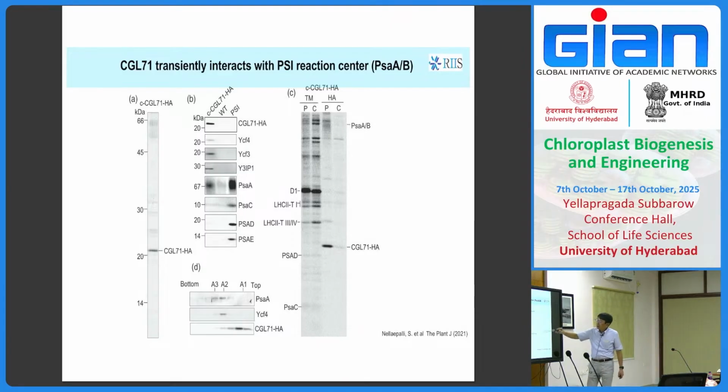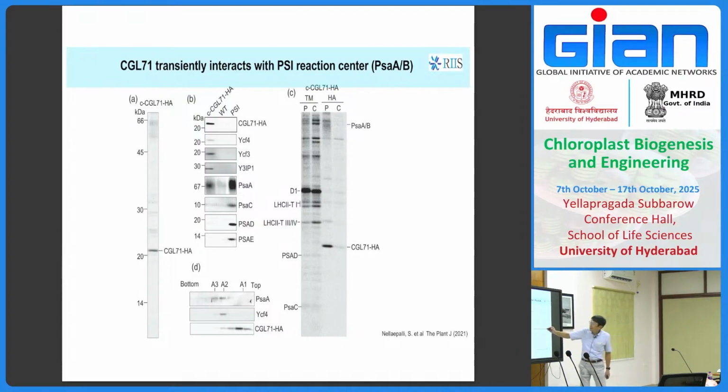There is no negative control data shown, but the negative control is the same as for YCF4 and YCF3, the wild type. So we know there is almost very low non-specific recovery of polypeptides. So we found only CGL71 like this.